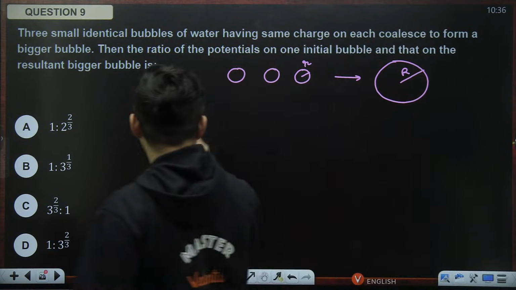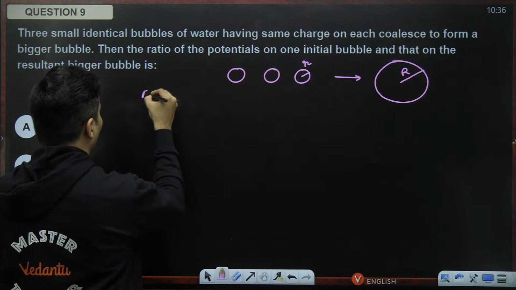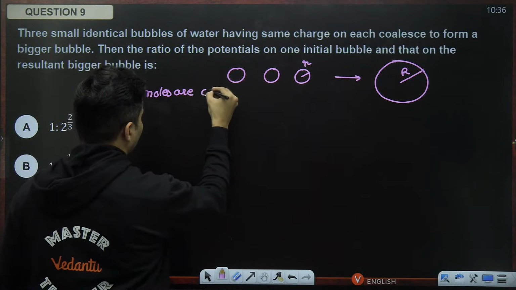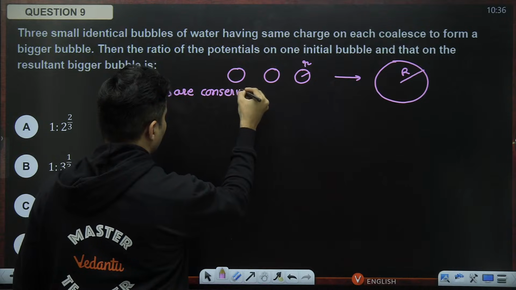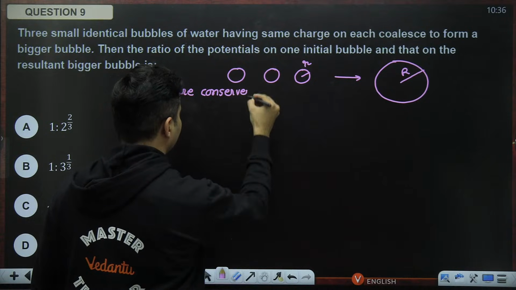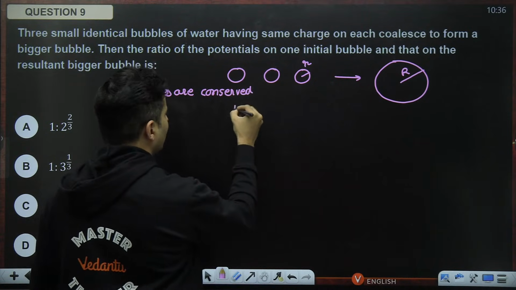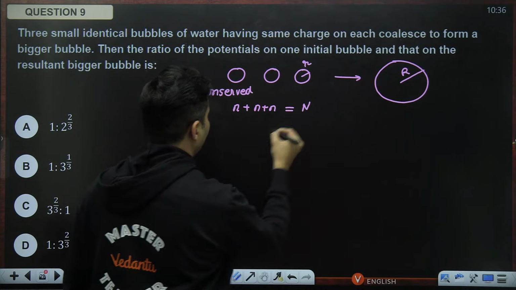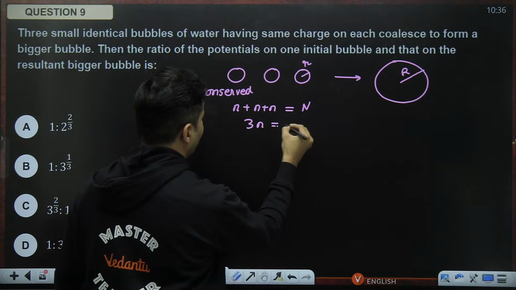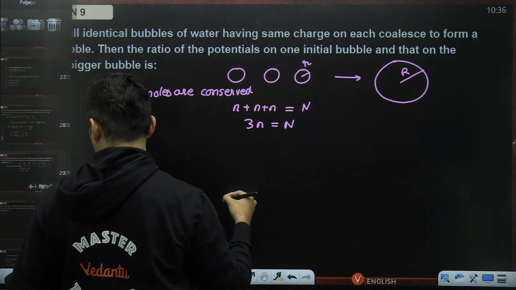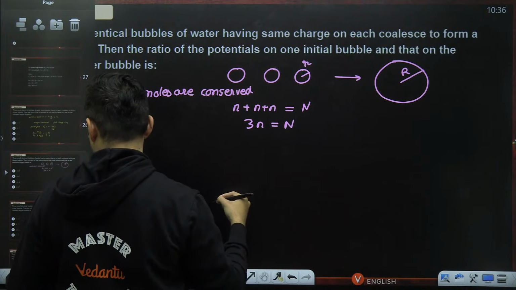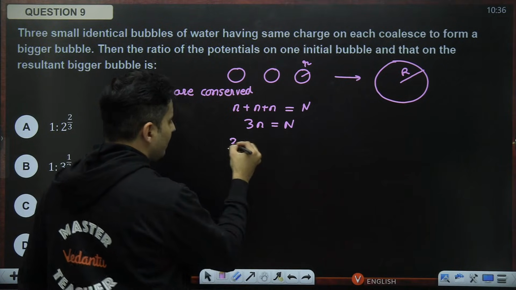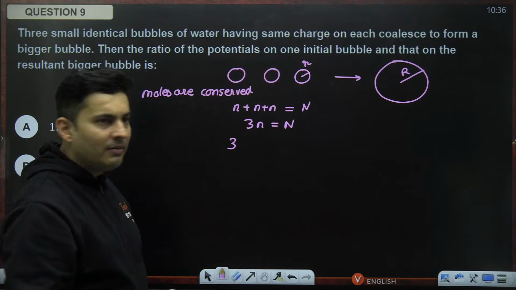So ideally speaking, the moles are conserved. So n plus n plus n is equal to capital N, the total number of moles. So 3 times small n is capital N. Moles is nothing but PV is equal to nRT, so n is PV by RT.